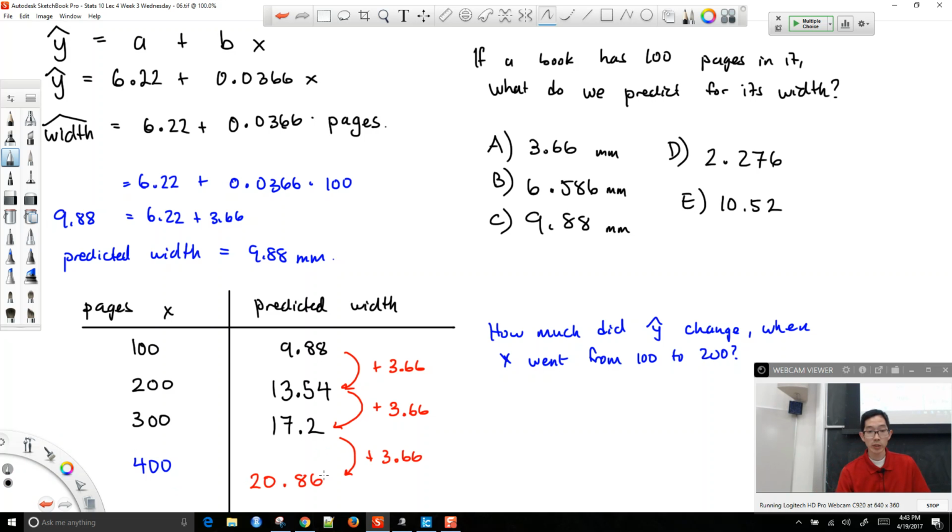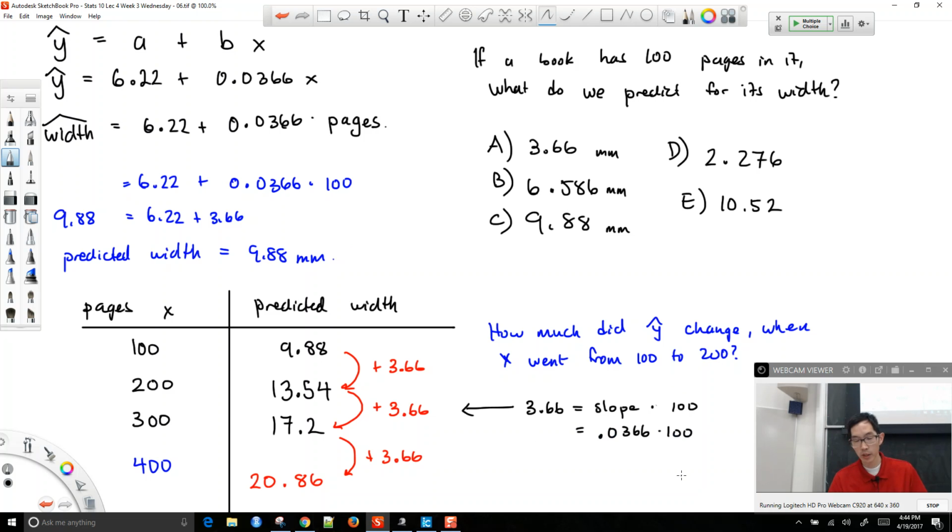And where is this 3.66 coming from? This is equal to my slope times 100. I'll put a dot, not to confuse you with x. Slope is 0.0366 times 100.